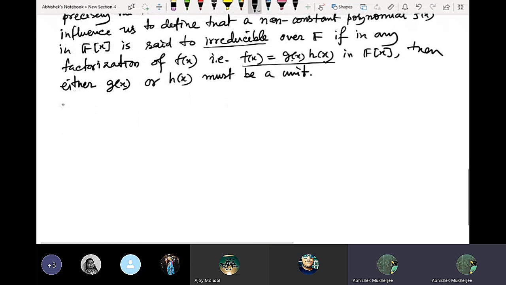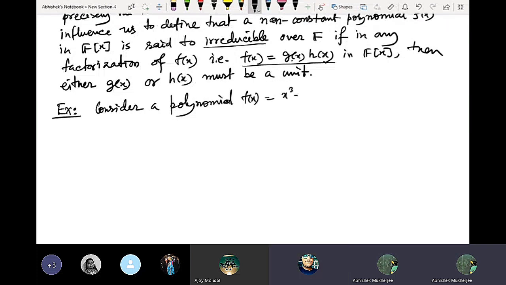Now, example. Consider a polynomial f(x) = x^3 + 3x + 2 in the ring Z5[x].